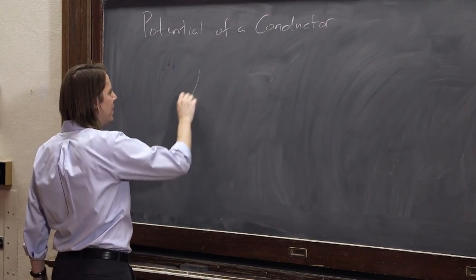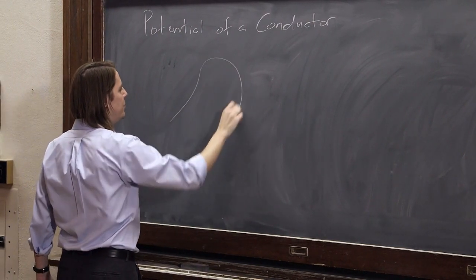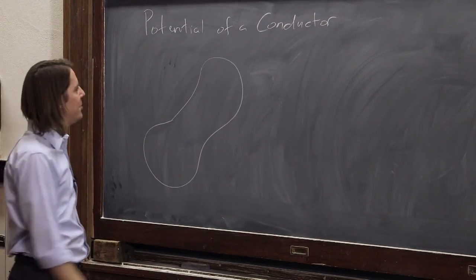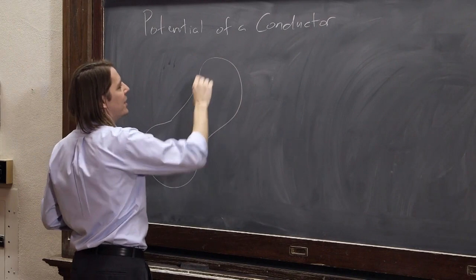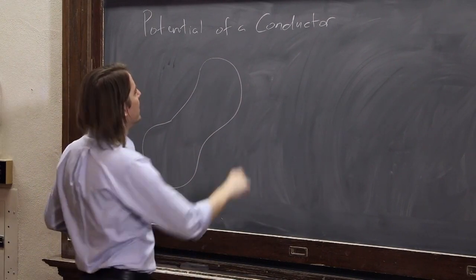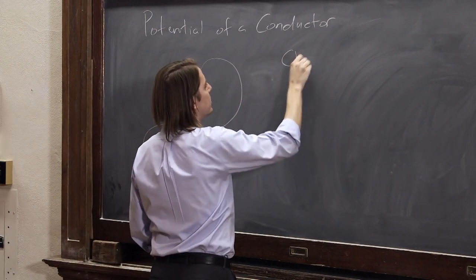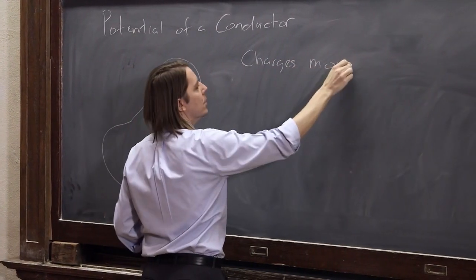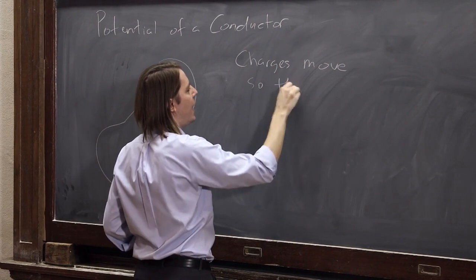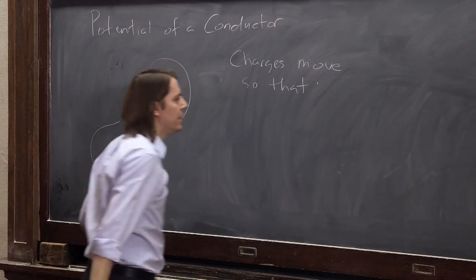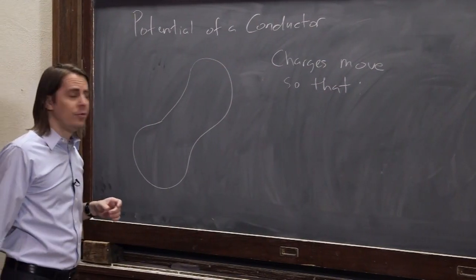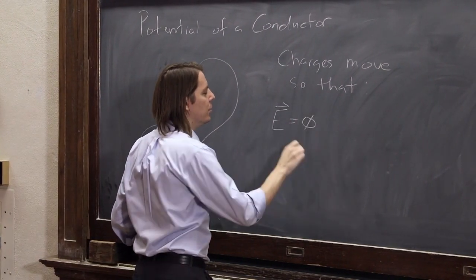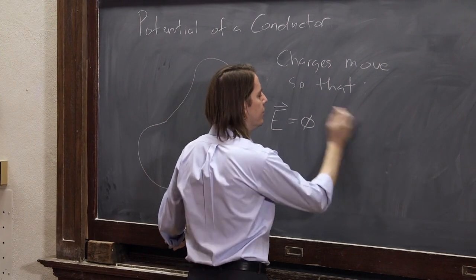If you put charge on a lumpy conductor, doesn't matter too much the exact shape, the charges move so that two things are true. Basically they'll move so that the E field equals 0 inside the conductor.